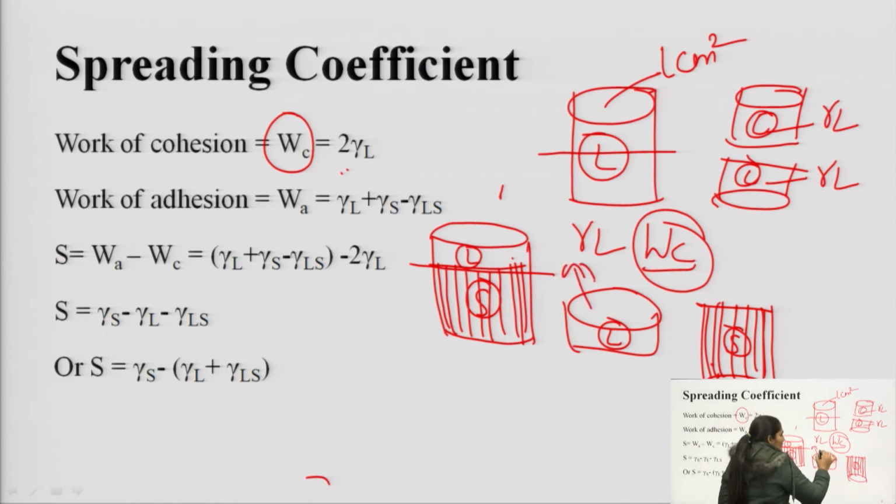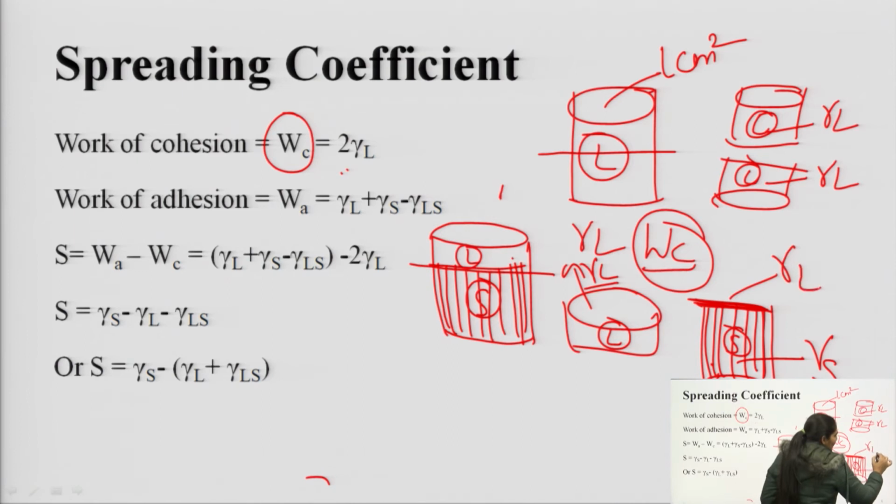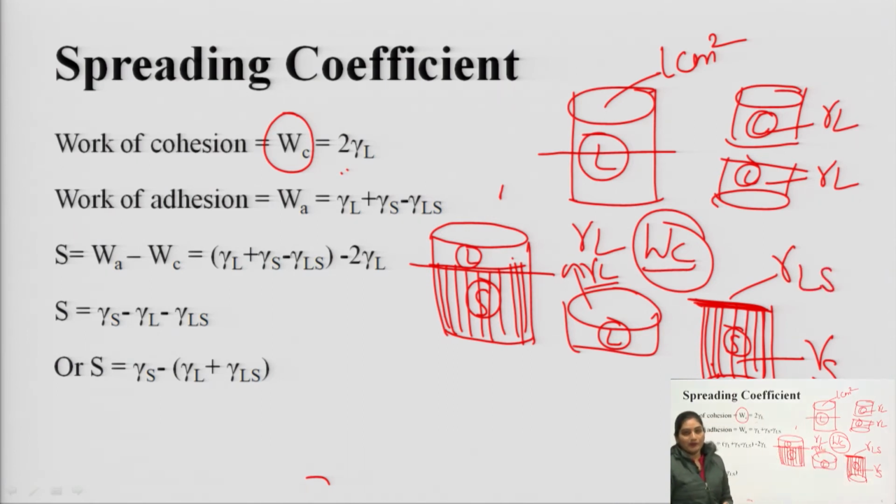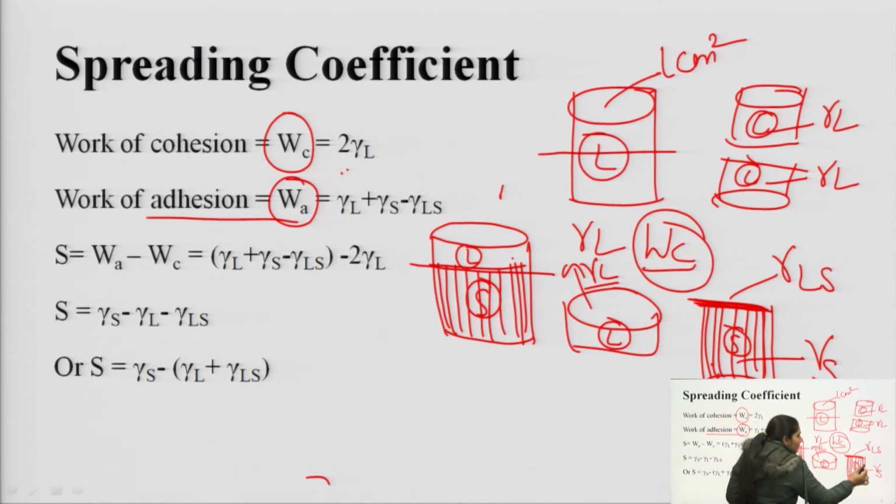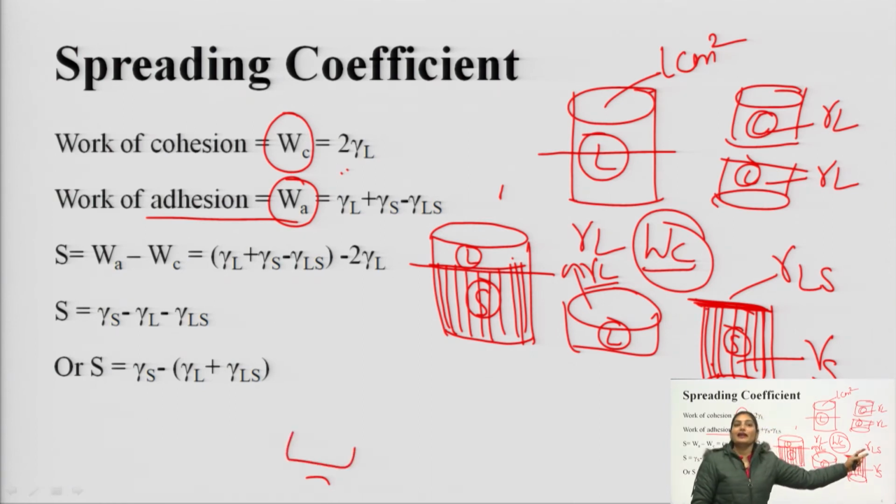The surface tension of this will be gamma L, the surface tension of this will be gamma S, and the interfacial tension between L and S will be represented by gamma LS. Okay. So, work of adhesion will be represented by WA and it is equal to gamma L plus gamma S minus gamma LS. The surface tension of this, gamma L, plus the surface tension of this, gamma S, minus the interfacial tension of these two phases, gamma LS.